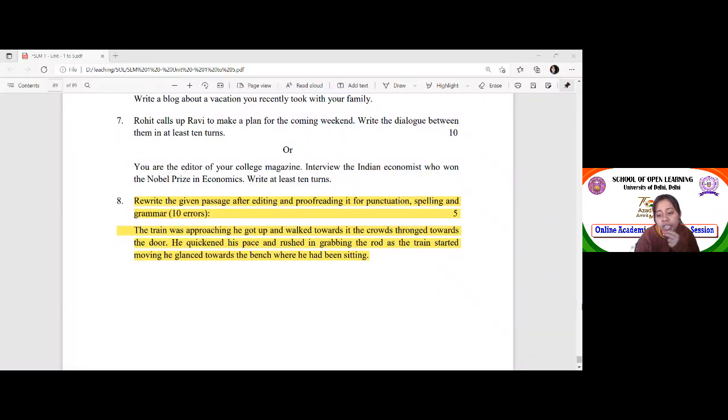Others, you don't have to change the sentence. Don't change the sentence. Quickened, like, don't change. You're supposed to proofread it. Quickened is a word. Quickened is not wrong. "He quick his pace" is not going to work. No, "he quickened" is right.